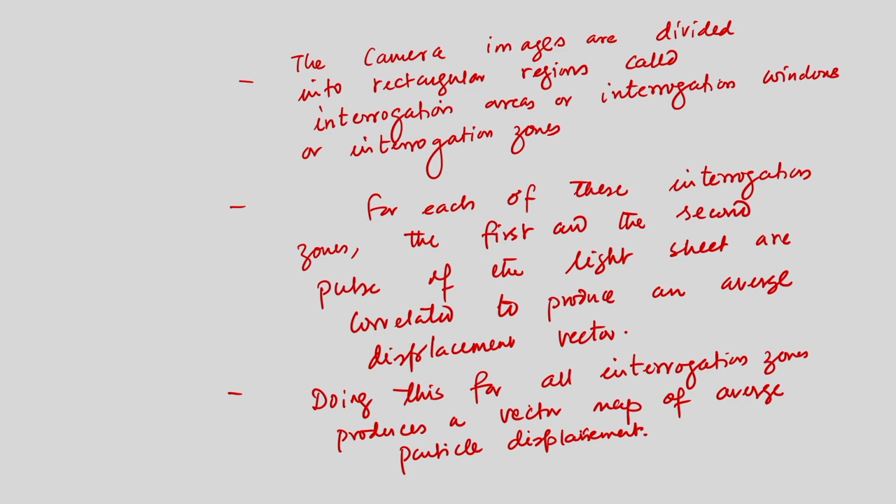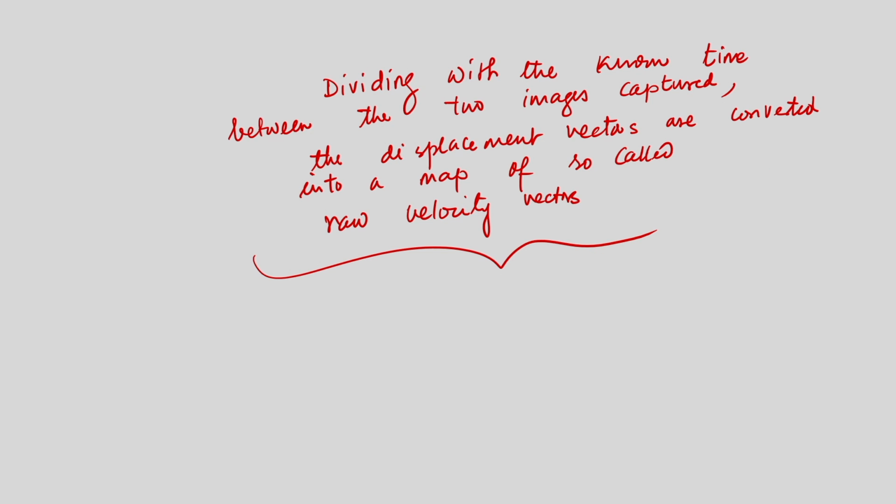If we go to the previous slide where I have written the average particle displacement, knowing the average displacement, if we divide with the known time, we will get the displacement vector, and that will be converted into the map of so-called raw velocity vectors.